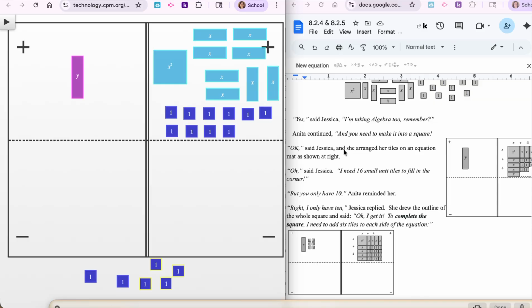"Okay," said Jessica. She arranged her tiles on the equation mat as shown at right. So she took her tiles and put them into a little pile here, making it a square.